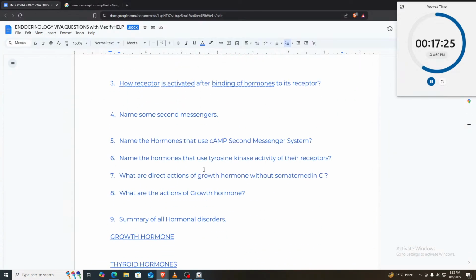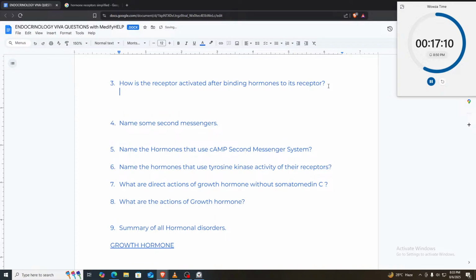Back to it. How receptors activate after binding of hormones? How is the receptor binding? Okay, got it. So how is the receptor activated after binding hormones to its receptor? Of course, what do those receptors do, right?